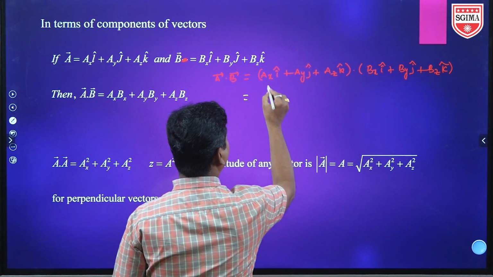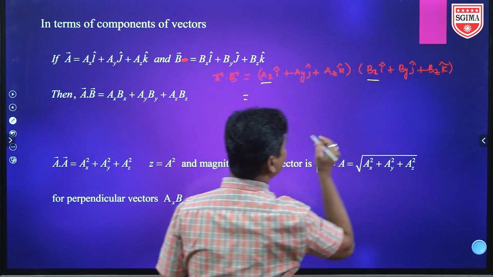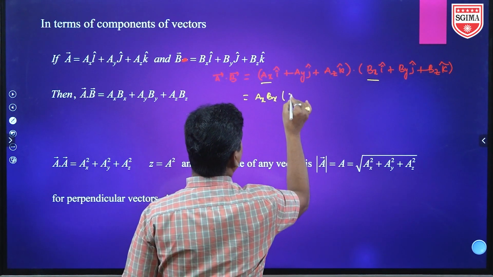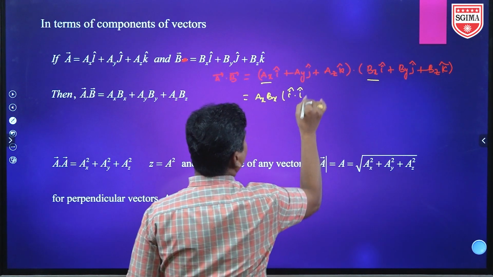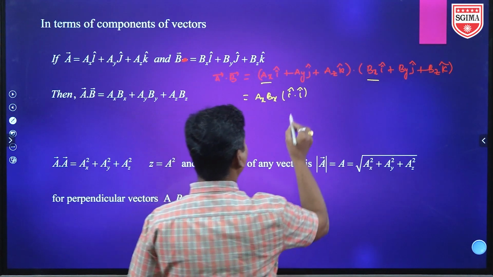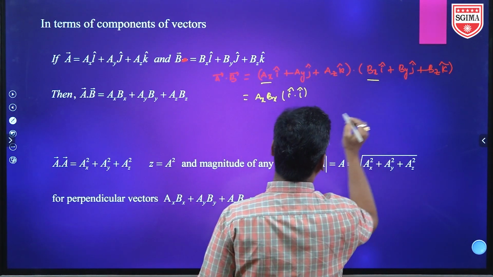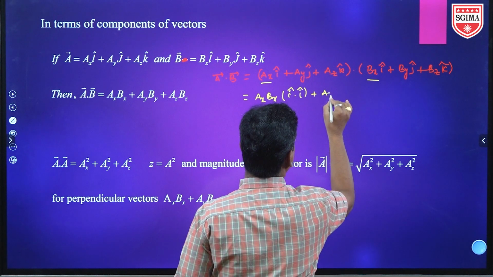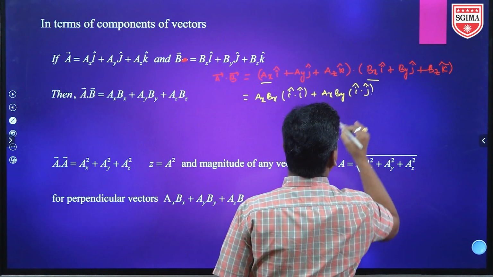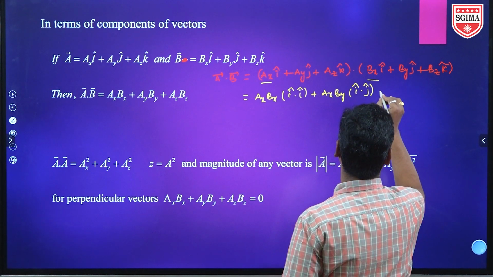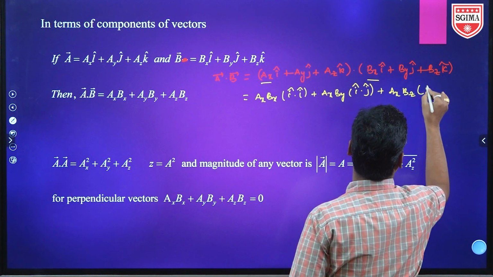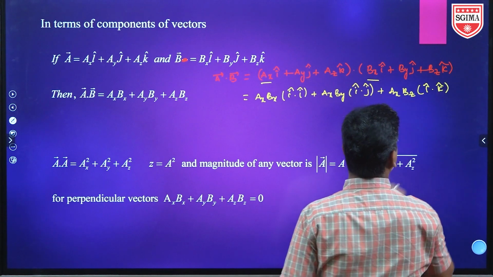Here ax is a magnitude and bx is also a magnitude. First multiply the magnitudes, ax into bx, then i cap dot i cap. This is the method for solving questions too. Next, ax i cap with by j cap gives ax into by, then i cap dot j cap. Next, the third term: plus ax bz of i cap dot k cap.